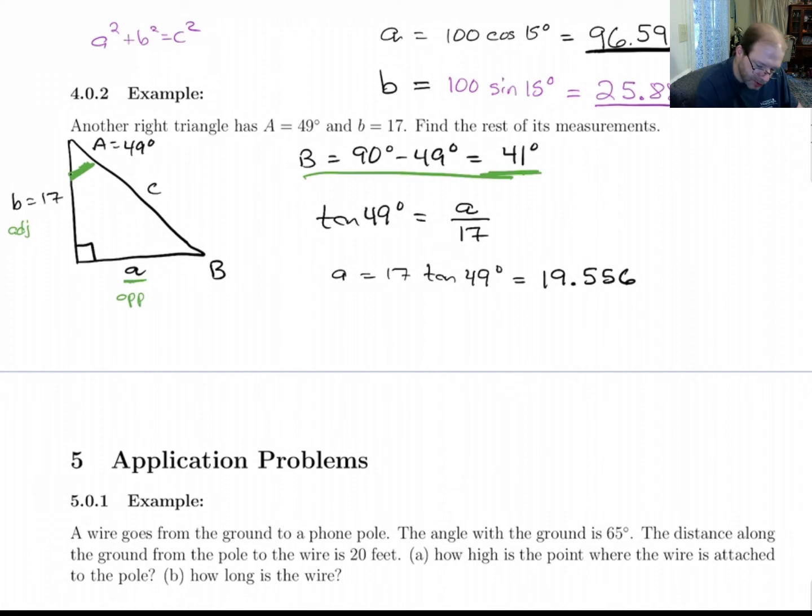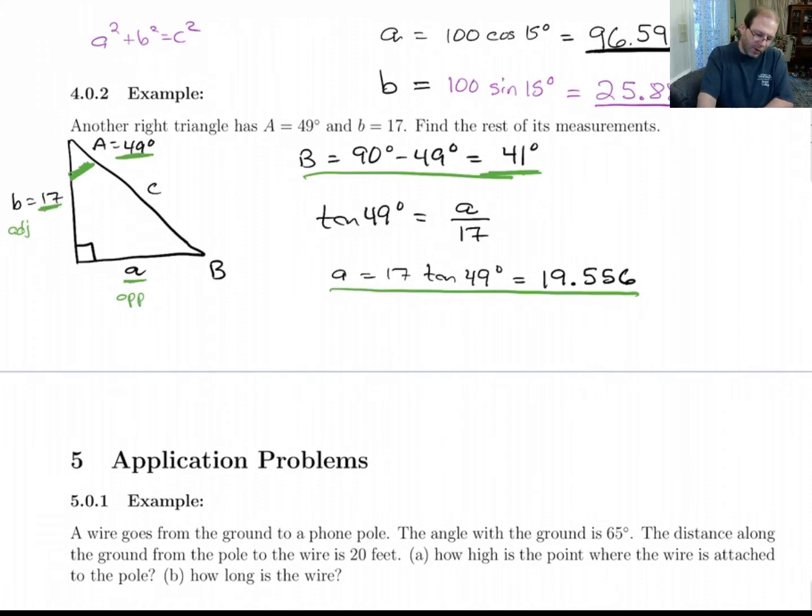Let's use the numbers that were given to us originally. The thing is, we've got a value for A here, but it's not exact. We rounded it. I do have more decimal places on the calculator, but let's not use that one. Let's use these numbers that we know are the exact values, 17 and 49.